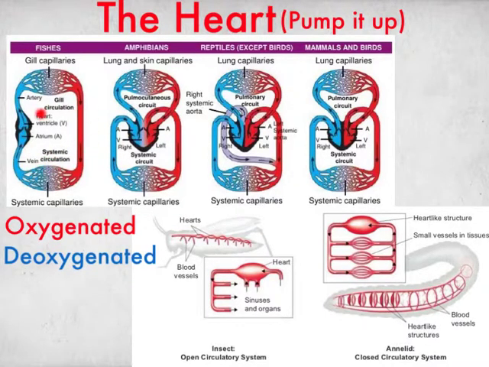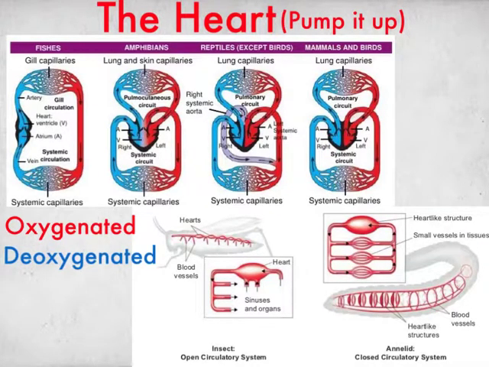Now, when we get to the vertebrates, we have fish, amphibians, reptiles, mammals, and birds. Fish have a 2-chambered heart. Amphibians have a 3-chambered heart. Reptiles have a 4-chambered heart, as do mammals and birds.